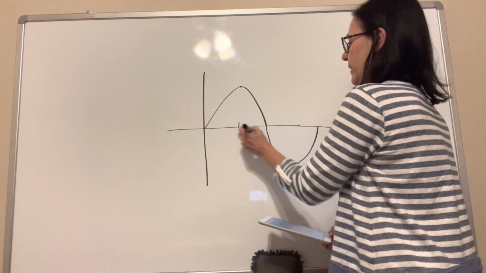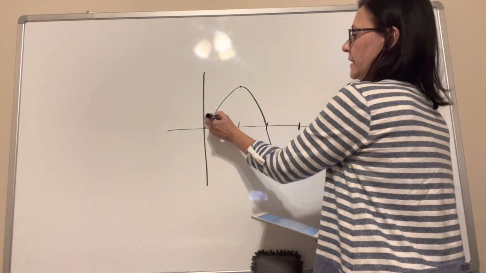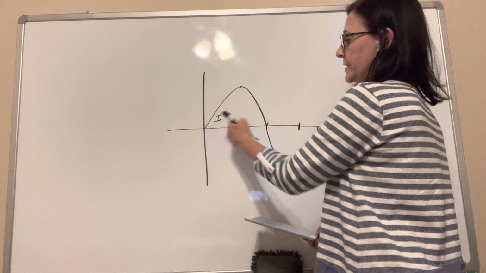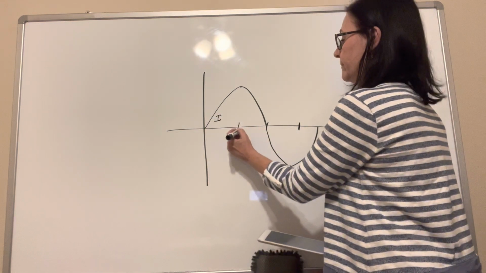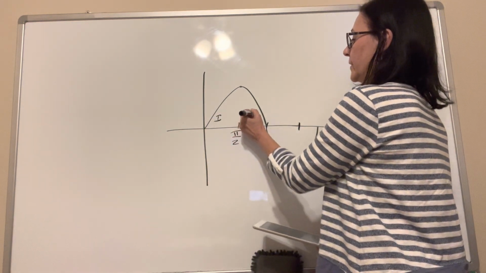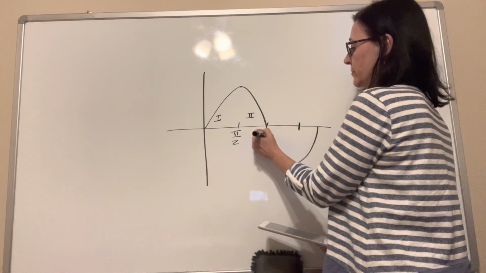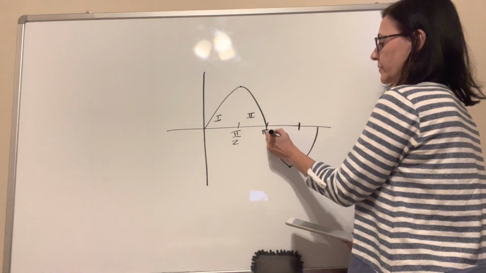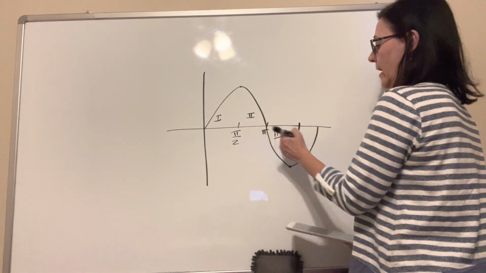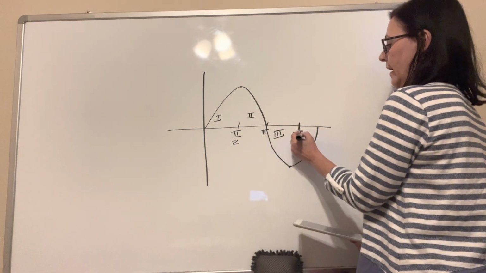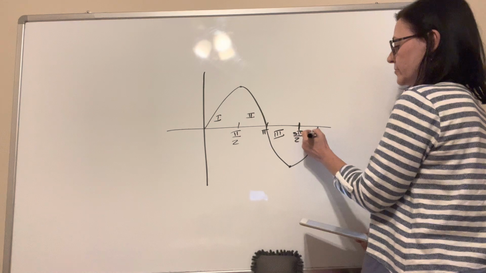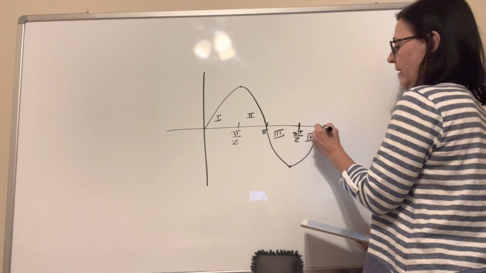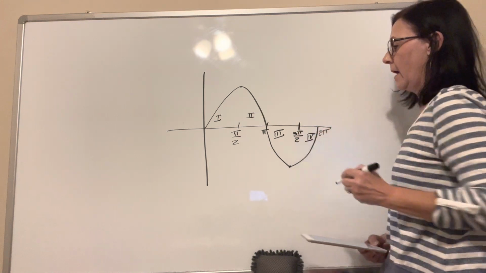So this would be, like in our quadrants, quadrant 1 between 0 and pi over 2. This would be quadrant 2 between pi over 2 and pi. This part would be quadrant 3 between pi and 3 pi over 2. And this would be quadrant 4 between 3 pi over 2 and 2 pi.